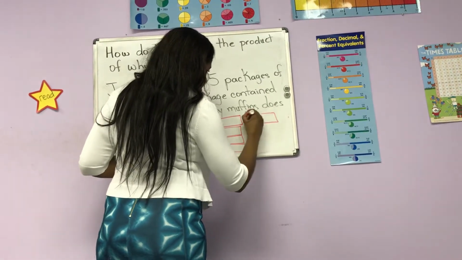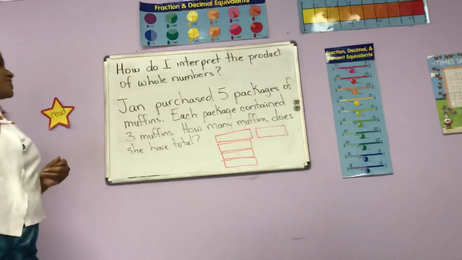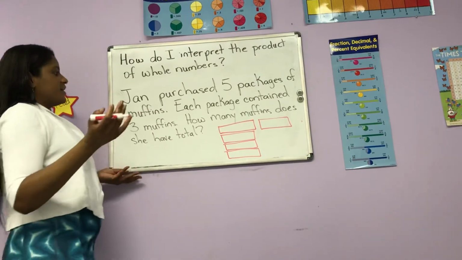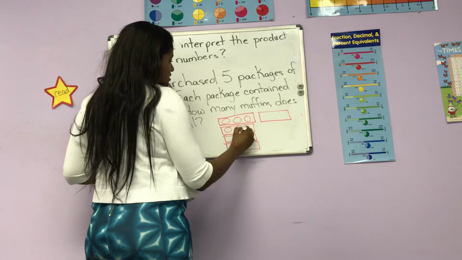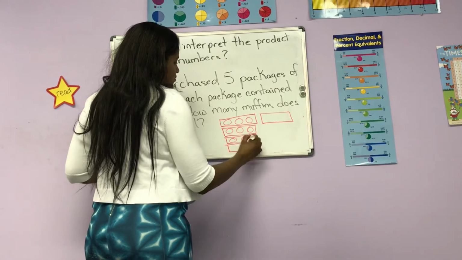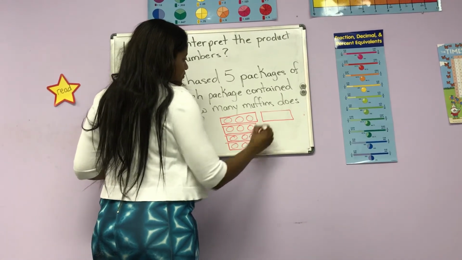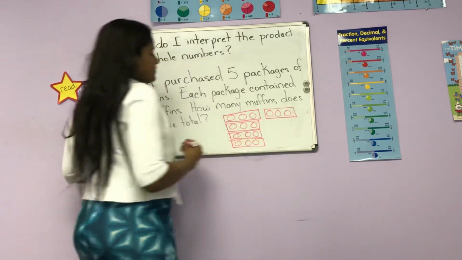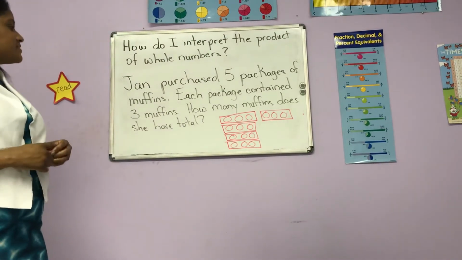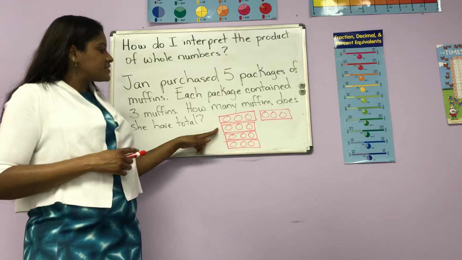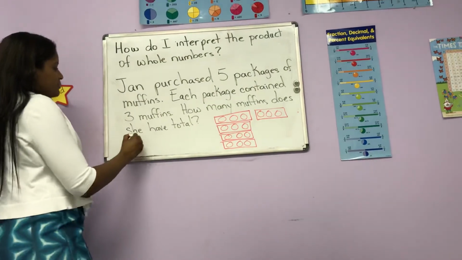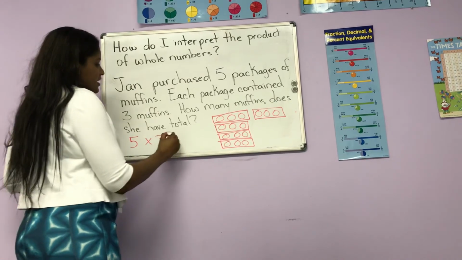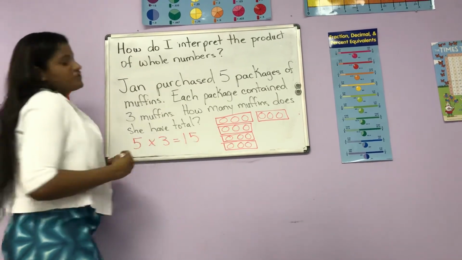So this is our 5th, and she has 3 muffins in each. So you have 1, 2, 3 in each package. And that tells me that she has 3, 6, 9, 12, 15. So our multiplication problem is 5 times 3 is 15.